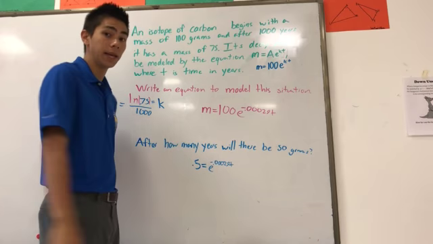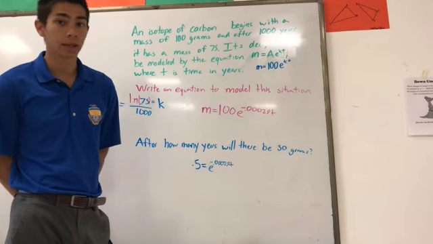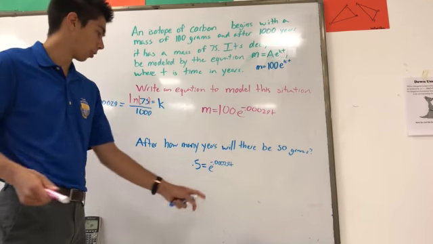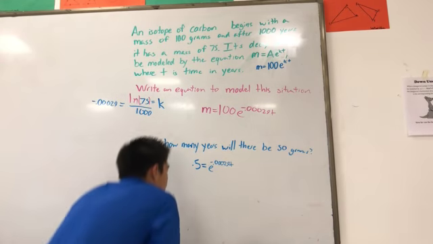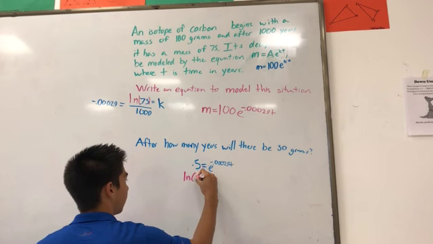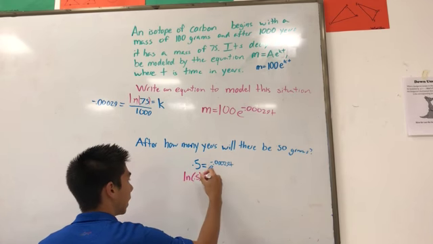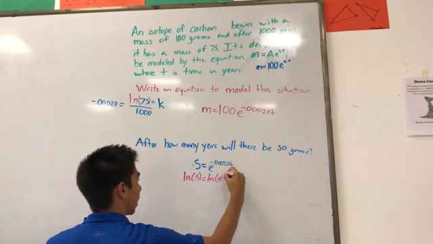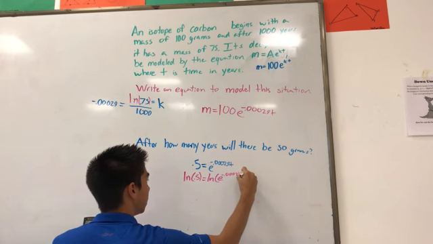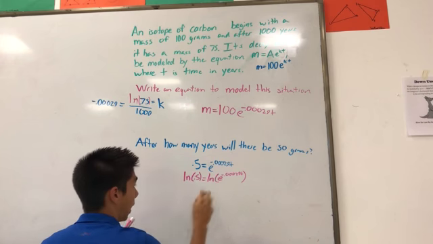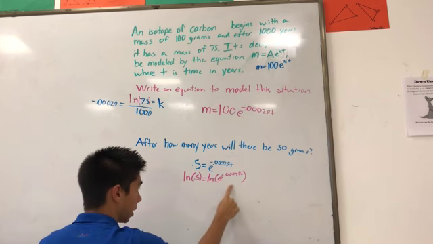Since I have a base of e, what I'm going to do is take the natural log. Okay, so I'm going to take the natural log of both sides because the natural log will cancel out with this e. So we're going to say that it's ln of 0.5, taking the natural log of both sides, equals ln of e to the negative 0.00029t. Okay, once I get to here, my ln and my e cancel out.